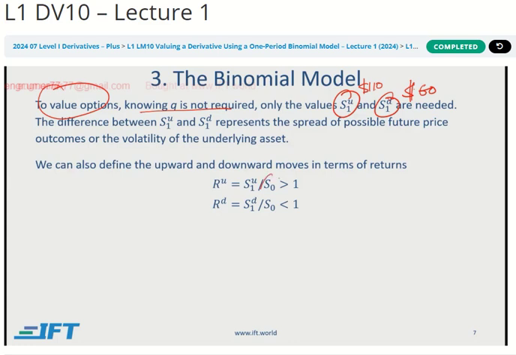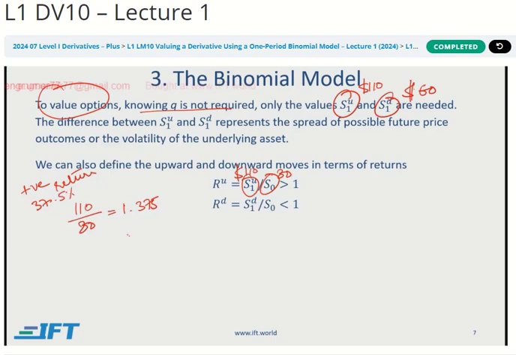So if, for example, the current price is 80, and if it goes up, it will go to 110. So 110 divided by 80 is 1.375, which means there will be a positive return of approximately 37%.